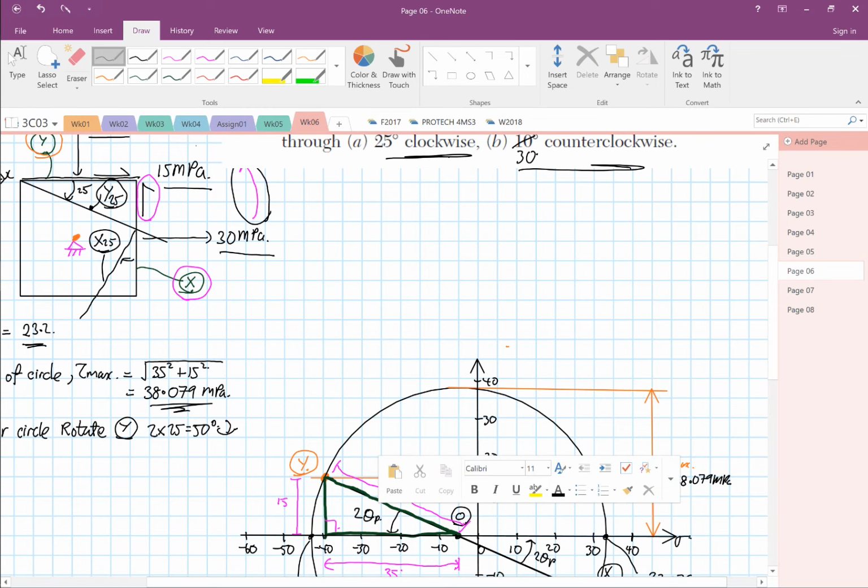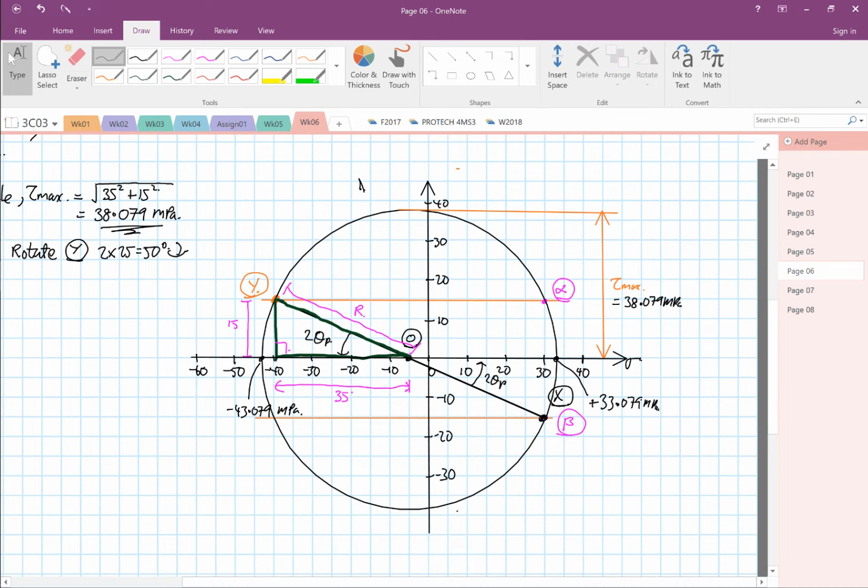We'll try to rotate to get our 50. This is the 50 rotation I've marked. Now, 50 from where?